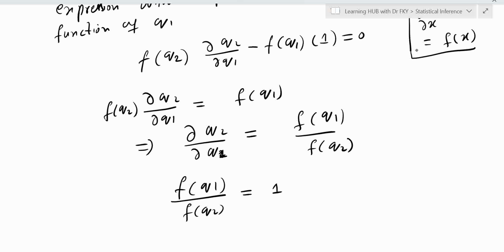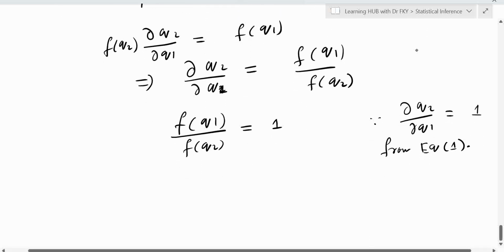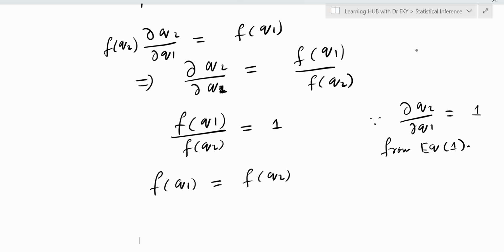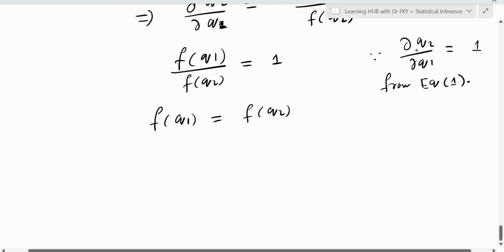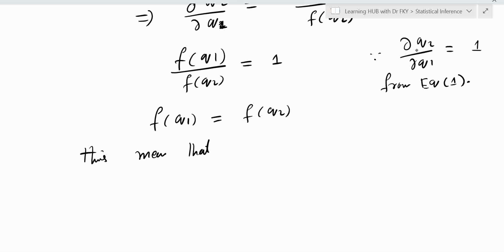This means that because the derivative of Q2 with respect to Q1 is equal to 1 from equation 1 above, f of Q1 is equal to f of Q2, and this further means that Q1 is equal to plus minus Q2.